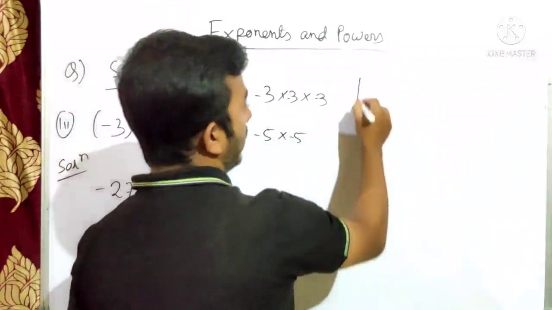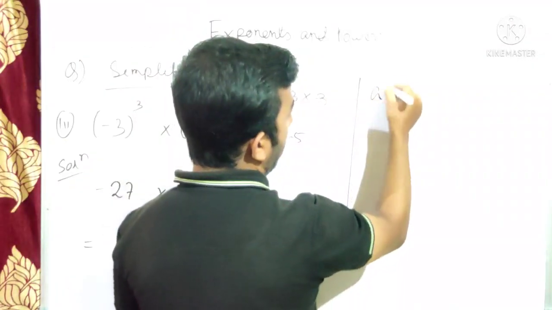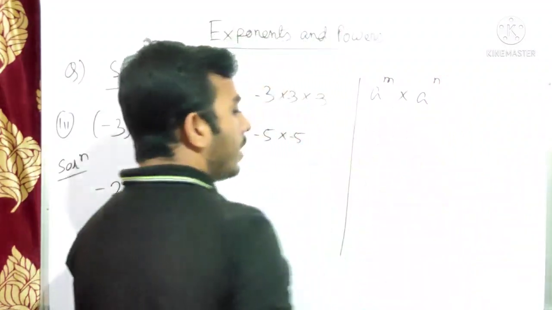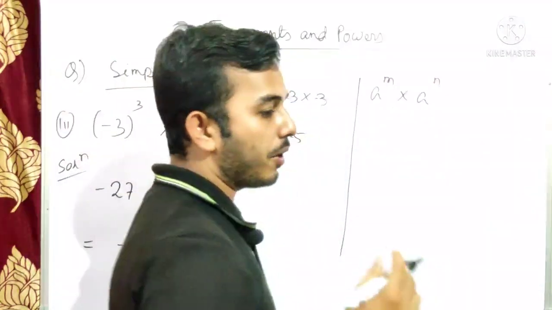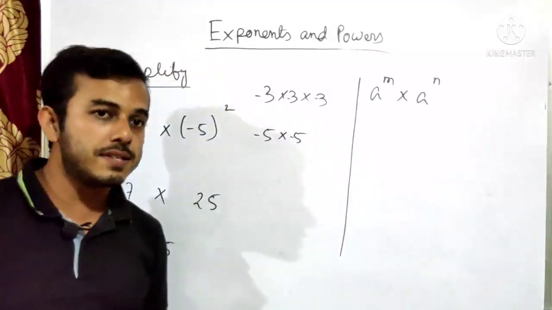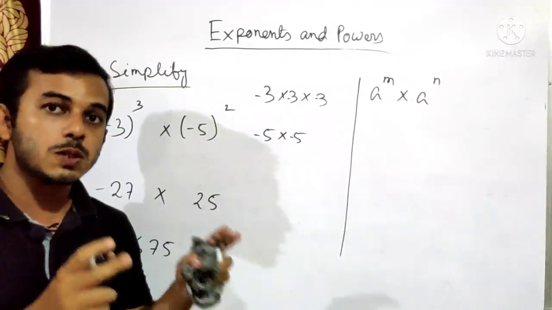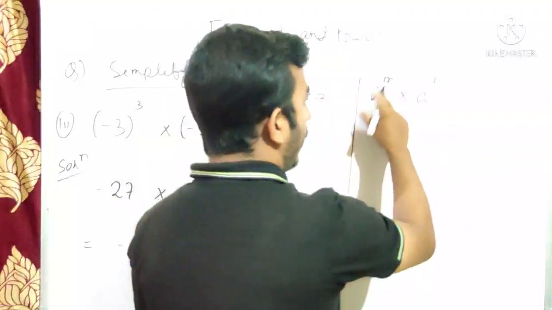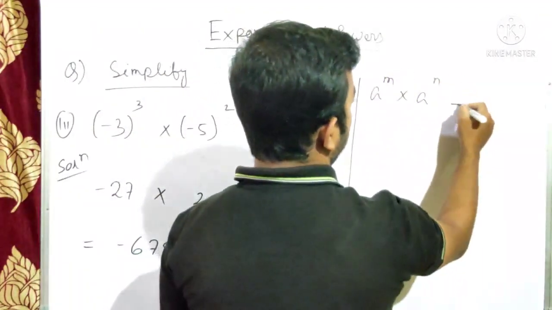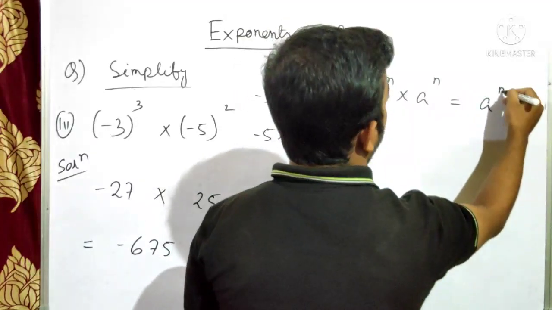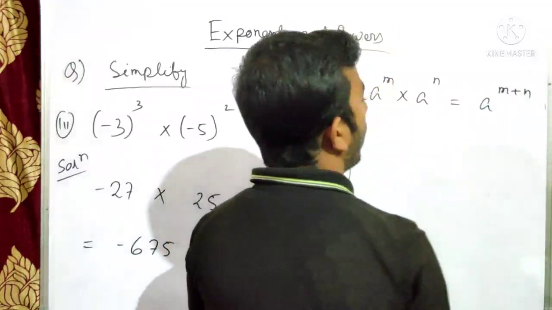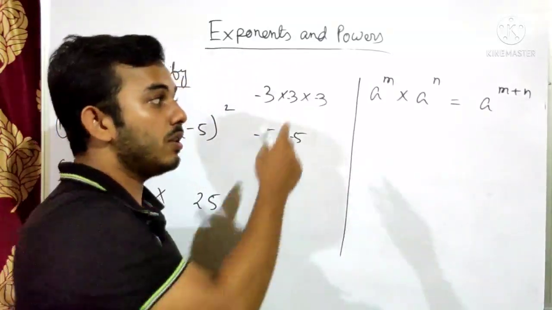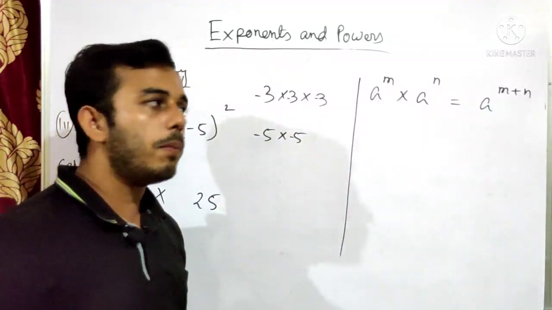Okay, number 1, a to the power m into a to the power n. That is, if we have two exponential forms, and in both cases the base is the same and the power is different, and both the exponential forms are multiplied with each other, like this, a^m into a^n, the result will be a^(m+n). Okay, so this one is multiplied, so the second one will be divide, isn't it?